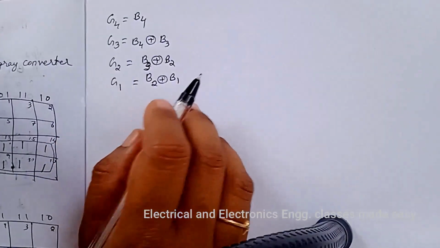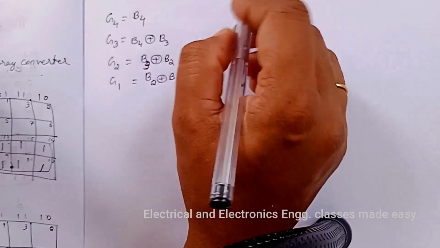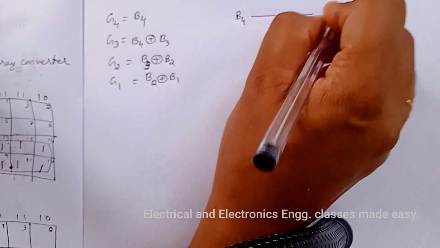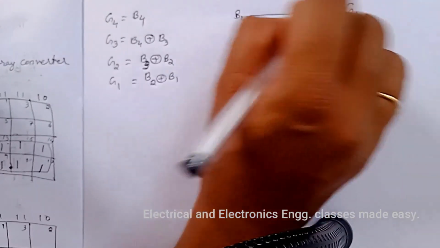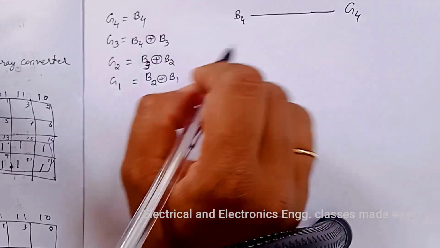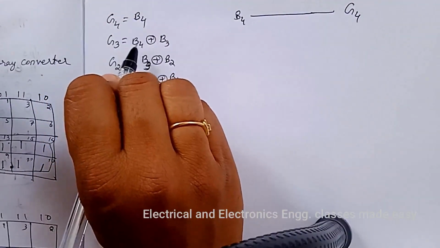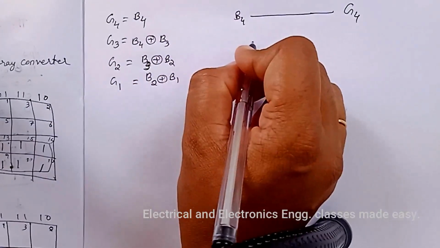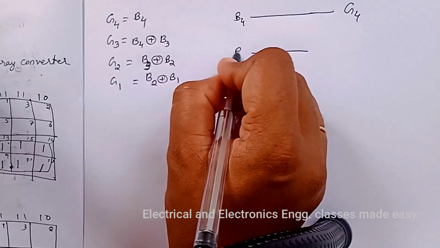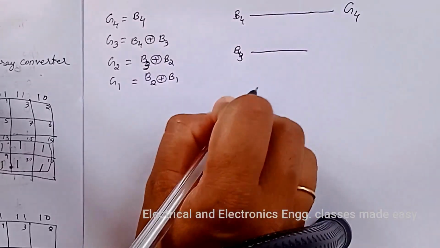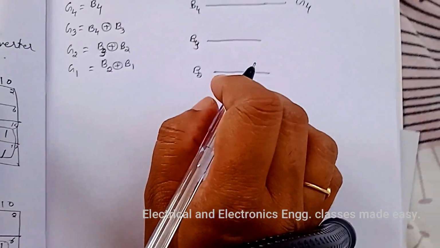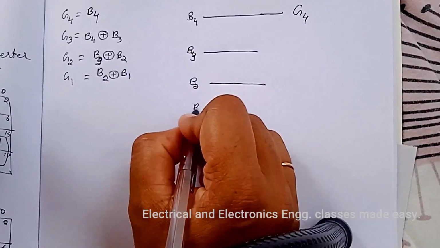So we can draw the logic diagram. B4 is the output G4. That is G4 is same as B4. Next G3 is equal to B4 XOR B3. So first of all draw the four inputs, B4, B3, then B2 and B1.